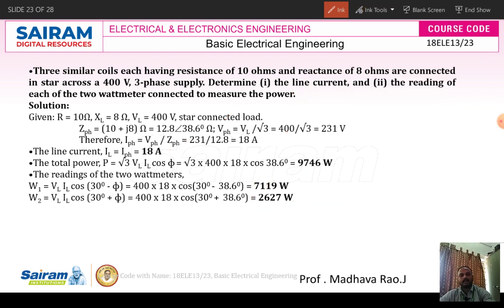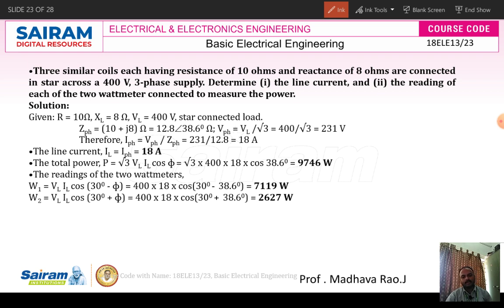So ZPH is equal to VPH by IPH, with VPH now 400 volts. Here the line current IL is 18, and the total power P is equal to root 3 VL IL cos phi. W1 and W2 values can also be calculated using those formulas.